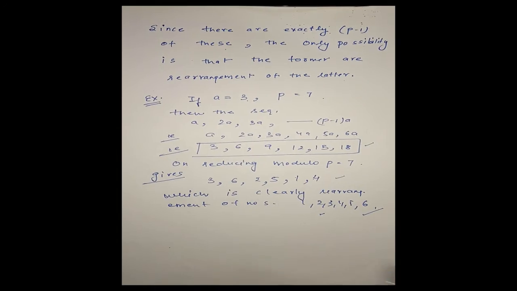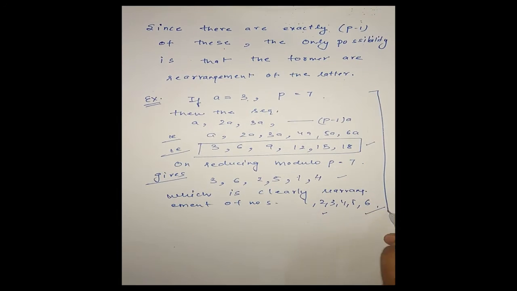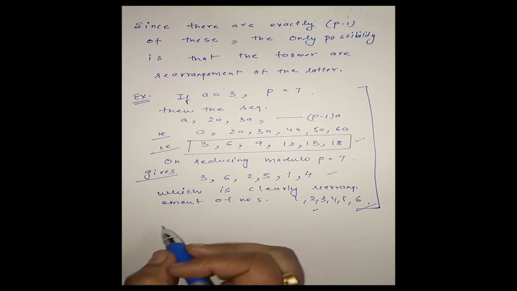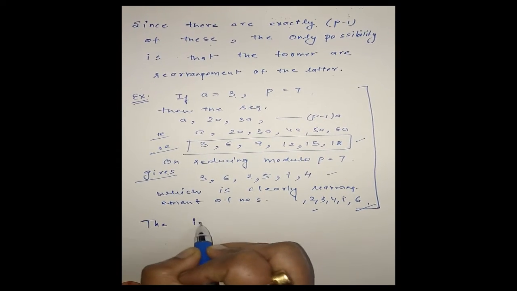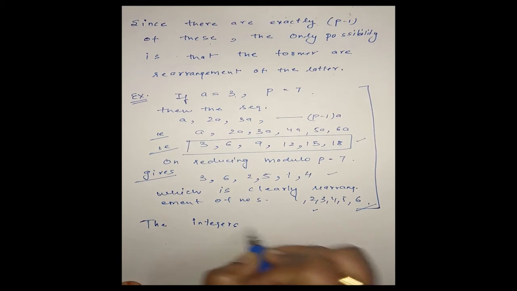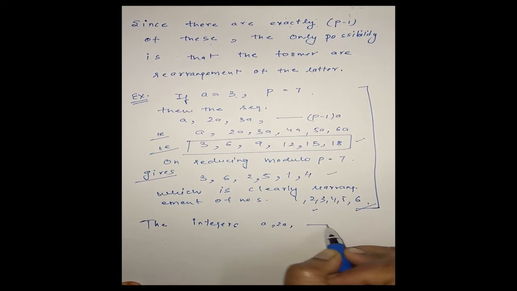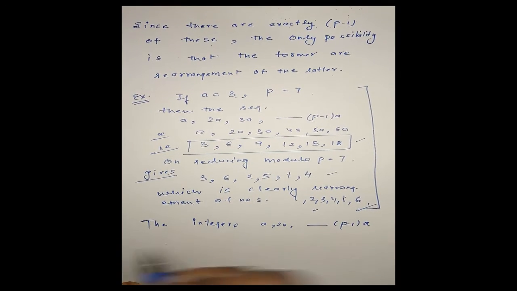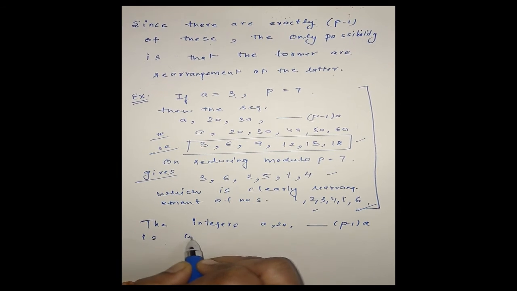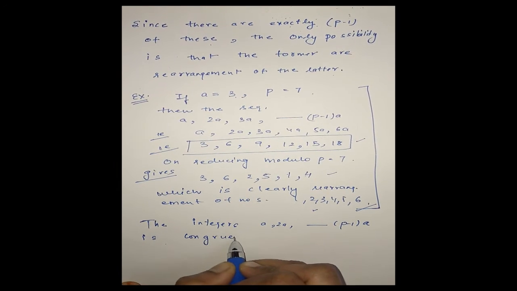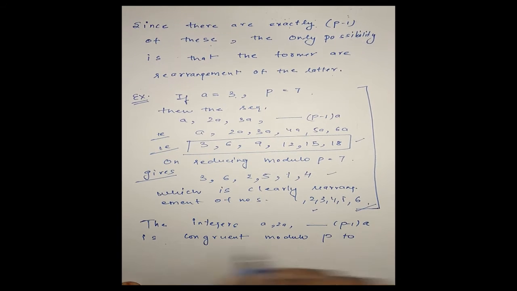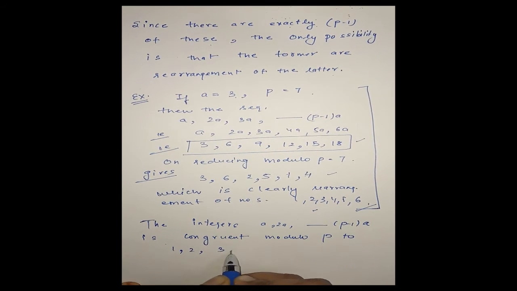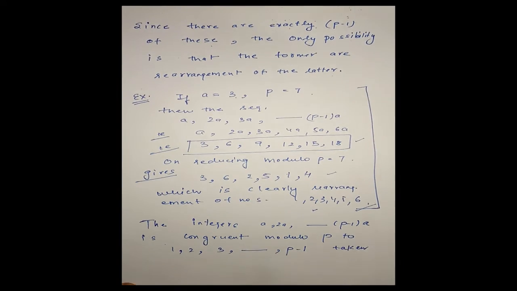Therefore, now we come to the proof again. The integers a, 2a up to p minus 1 times a are congruent modulo p to 1, 2, 3 up to p minus 1 taken in some order.